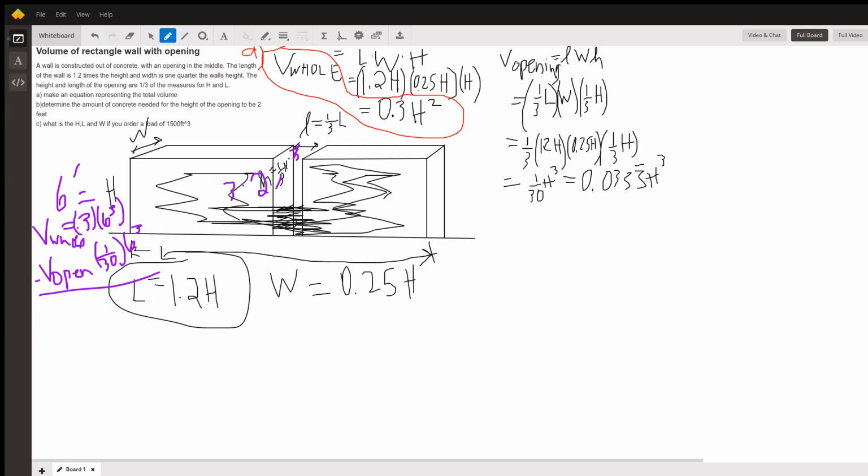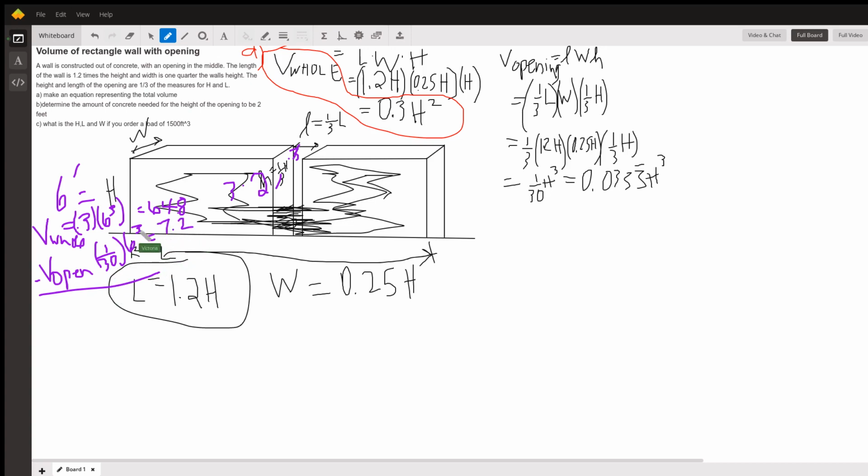So 0.3 times 6 cubed is 64.8 cubic feet. And if we go 1 divided by 30 and then times 6 cubed, this is 7.2 cubic feet.